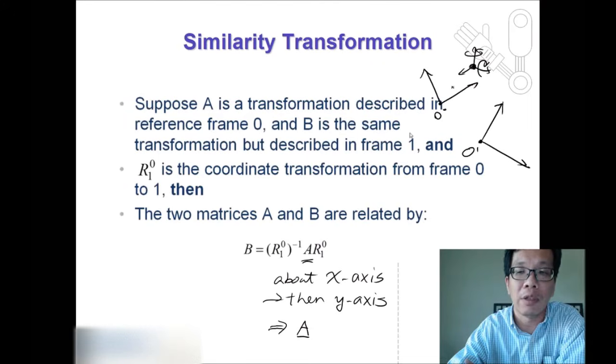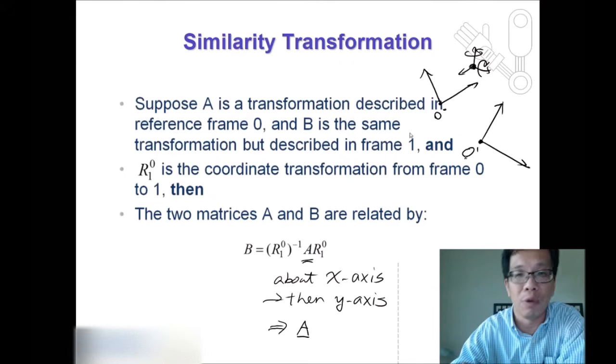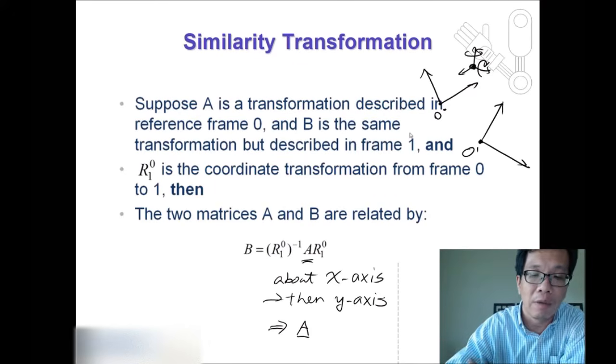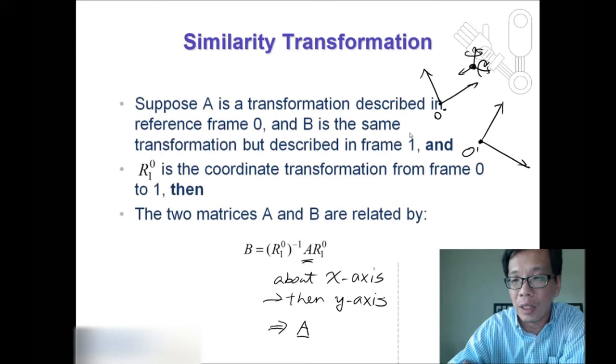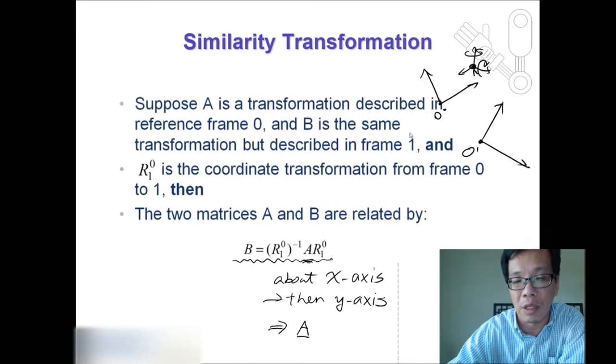Now, if I want to do the same calculation based on frame 1, then since we know how to convert from frame 0 to frame 1, which is something we had one example of earlier, the same transformation viewed from the first frame is going to be obtained by using this formula.